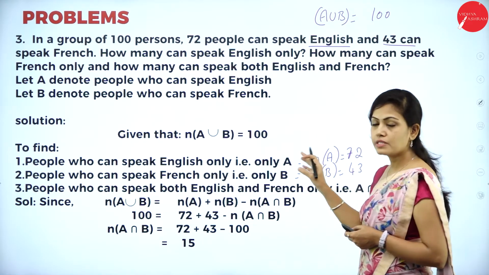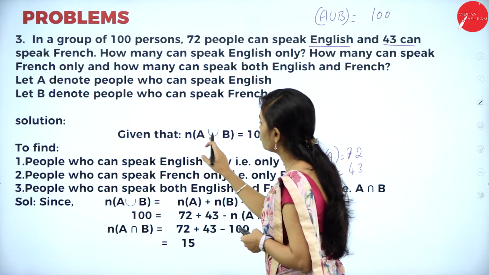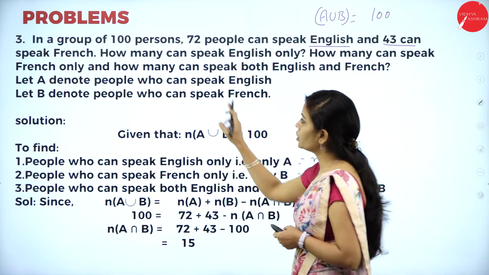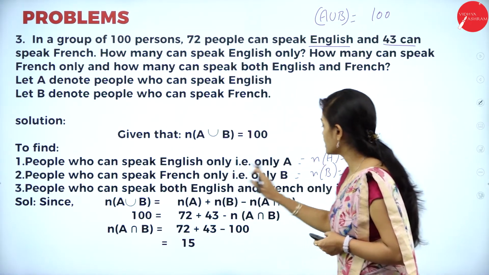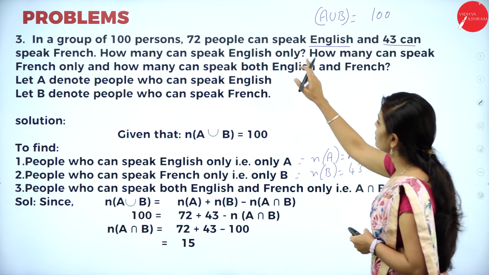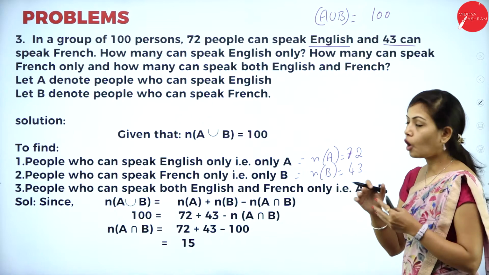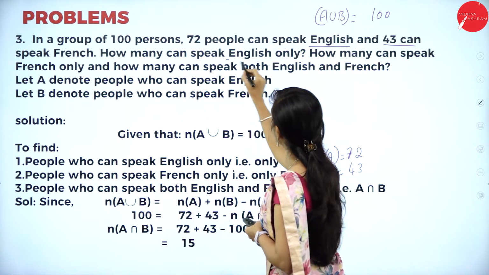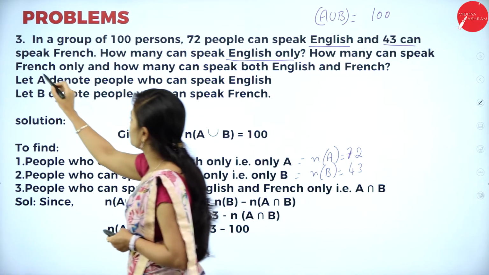So here first write all the given values. Given that N of A union B is equal to 100 persons, and 72 people can speak English and 43 people can speak French. So how many can speak English only? And how many can speak French only?